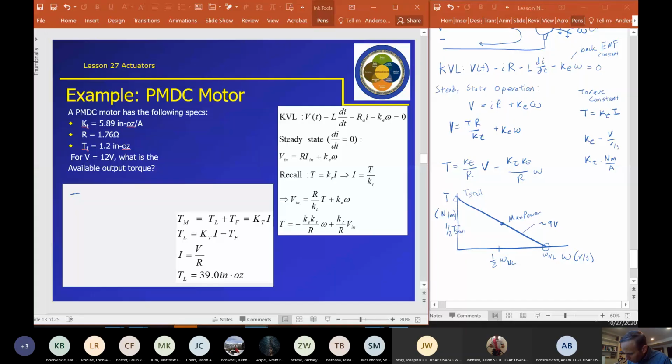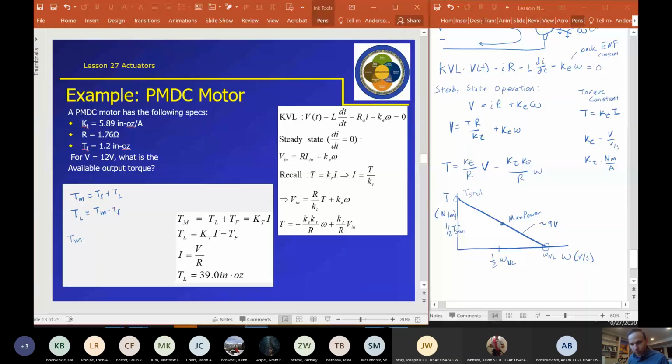The total motor torque, TM, is a sum of friction torque plus the load torque or the output torque. So we want to know in this case what's the torque available for the load, and that's going to be the motor torque minus TF. What's the motor torque?